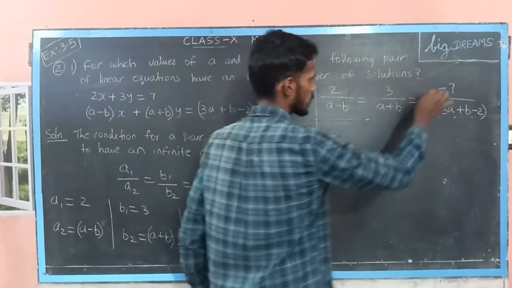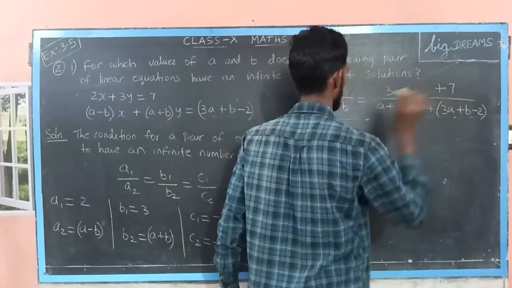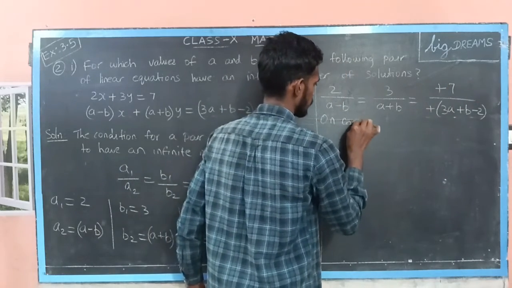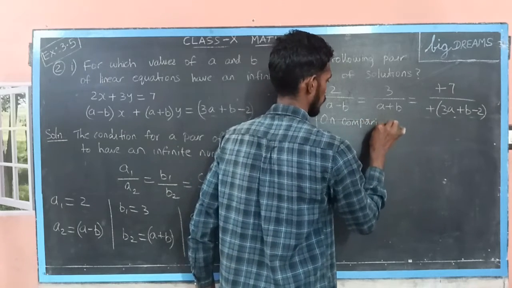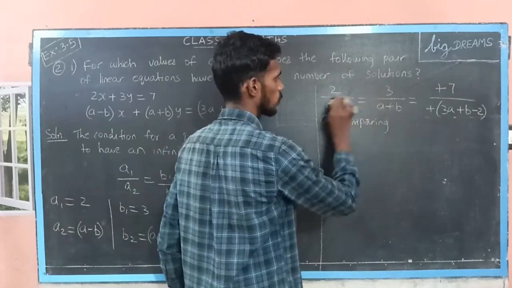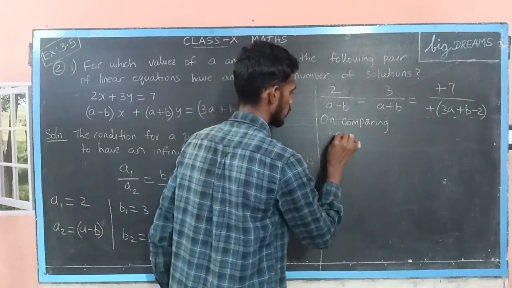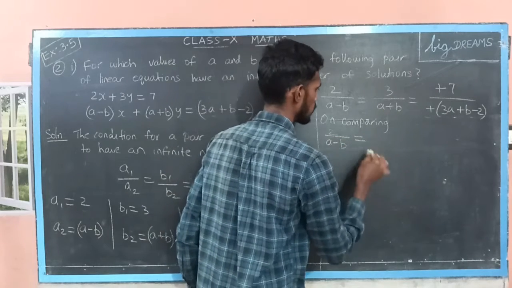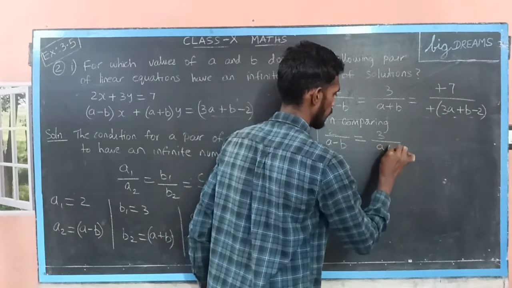So I can cancel these minus signs. On comparing the first two, it is 2 by (a minus b) is equal to 3 by (a plus b).